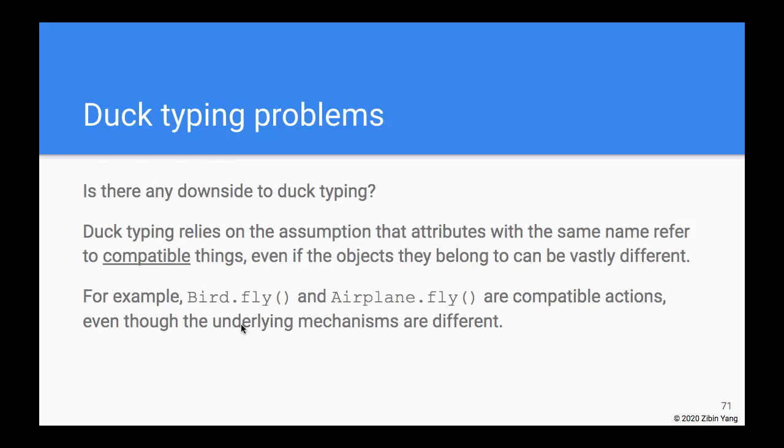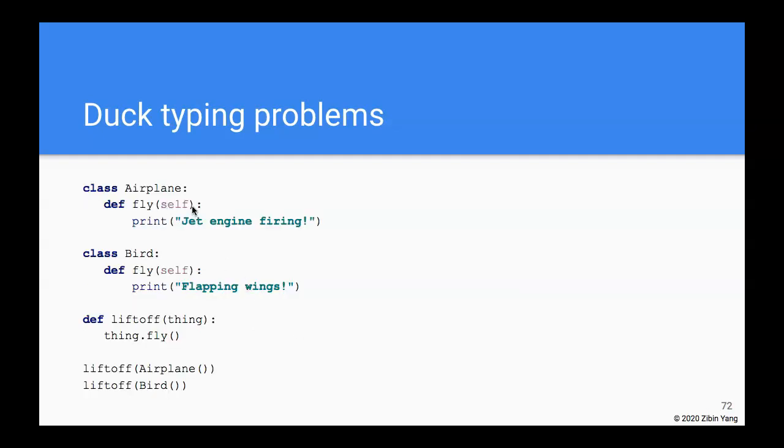So now, for example, if we have a bird class and an airplane class, and they both define a fly method, now the fly methods are compatible actions. So in that case, duck typing is okay. So we can write something like this, that, well, airplane class has the fly method, bird class has the fly method.